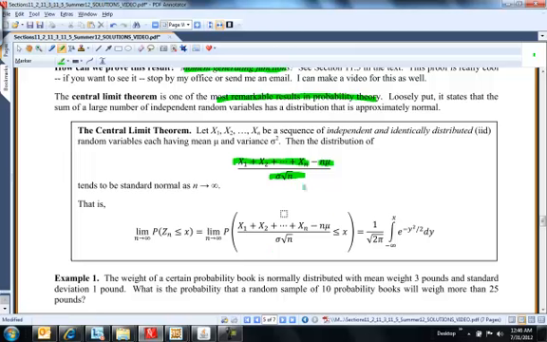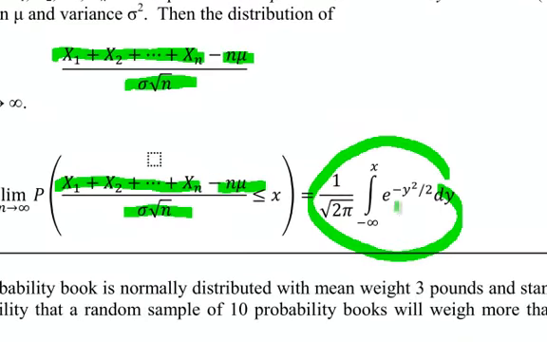So that's what this is saying down here. You take the sum of them, subtract off the sum of the means, divide by the standard deviation of the sum, then you can approximate it with a standard normal. So this would be our z-score. Or you can integrate, that's what this is doing right here, but we can use tables too.